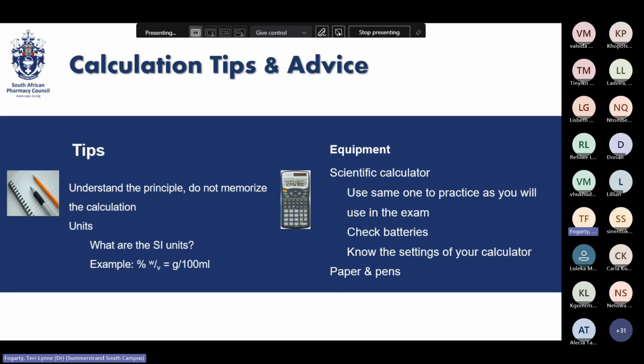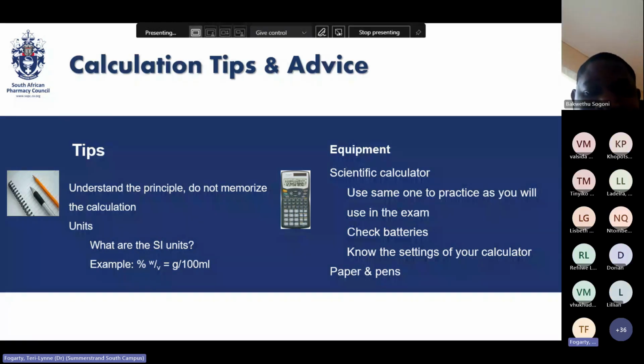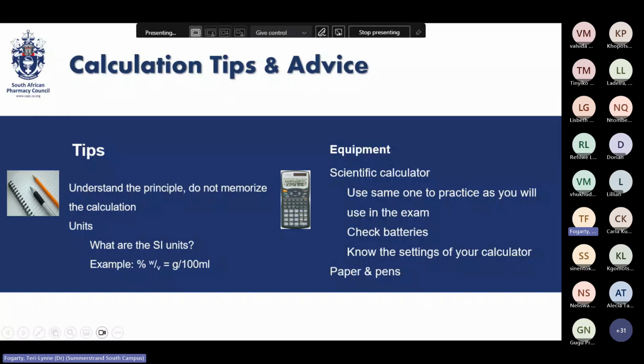So whatever calculator you're going to use for your exam, make sure you practice with that same calculator. Make sure that you check the batteries before the exam, and know the various settings on your calculator, particularly if you are going to use a scientific calculator.